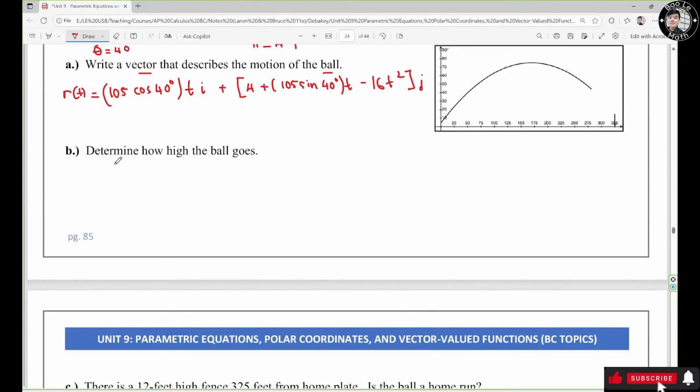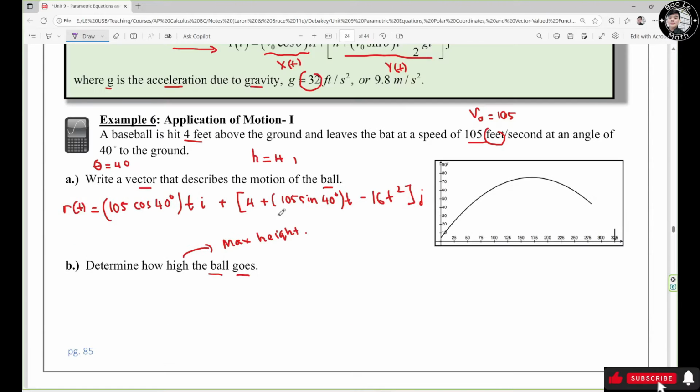Now question B, determine how high the ball goes, which means the question asks you to find the maximum height. So we look at the y component right here, and we need to maximize this function. In order to do that, we're going to take the first derivative. So we have y prime of t equals 105 sine 40 minus 32t.